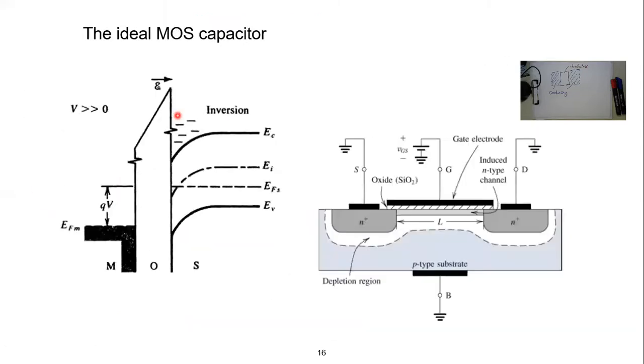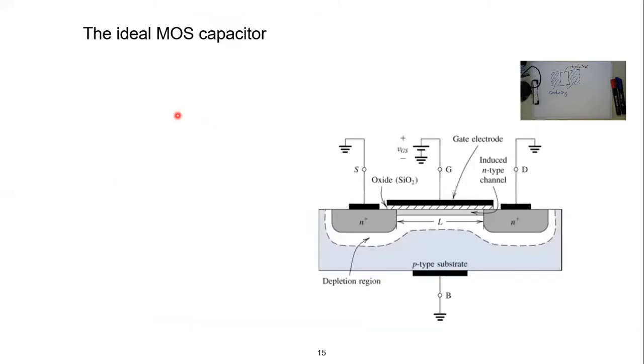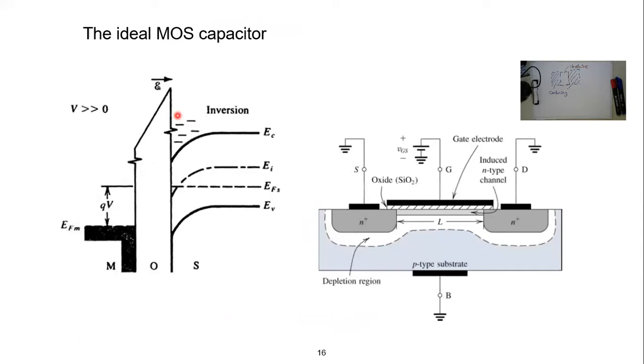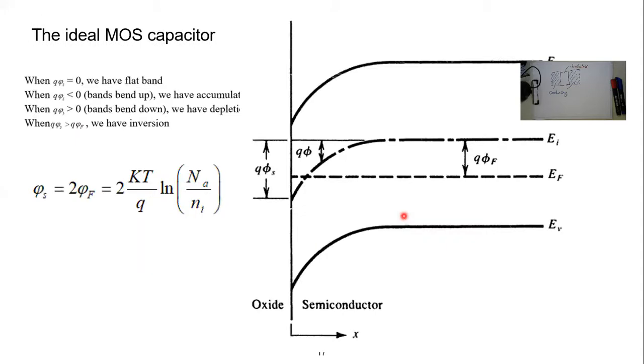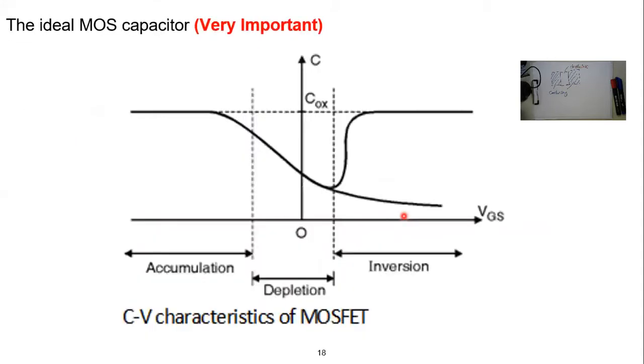What about the third region, which is the inversion region here? So this is the inversion region. Now you have another type of polarity, which is an n-type. So you increase the doping, but on the other polarity, which is n. That's why it's going to increase in this manner.